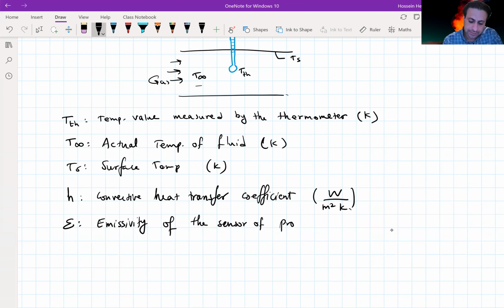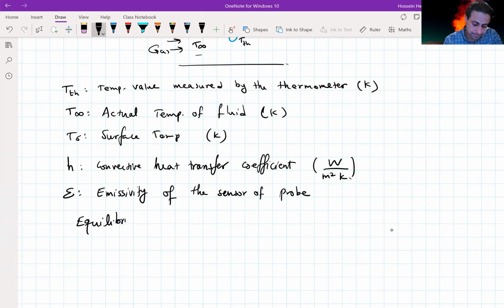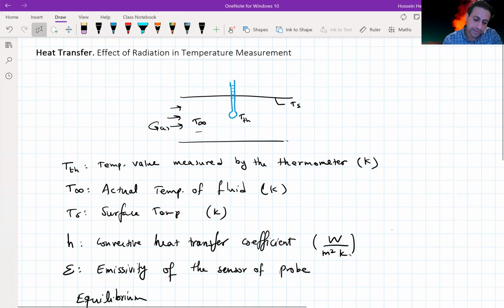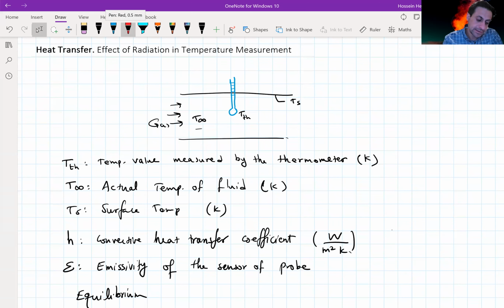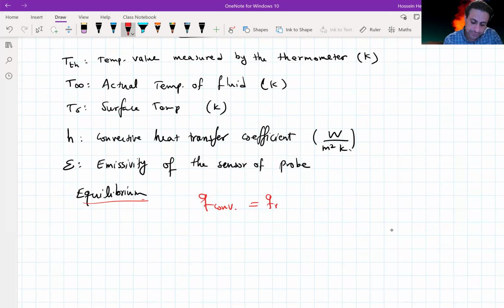the sensor of the probe that we have, the thermometer that we have, in equilibrium conditions, the heat transfer by radiation and by convection are going to balance each other out when we are reaching equilibrium, or Q convection is going to be equal to Q radiation here.